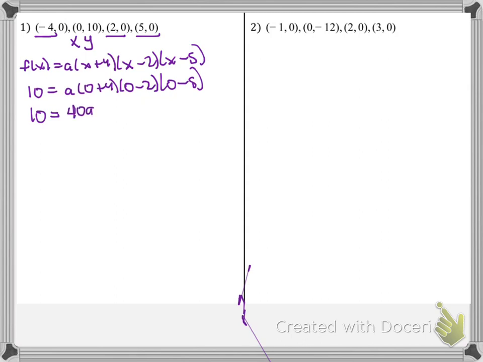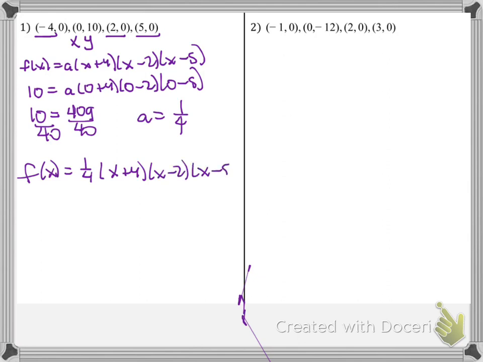This is 40a divided by 40. Therefore, a equals positive 1/4. So this is f of x equals 1/4 times (x plus 4) times (x minus 2) times (x minus 5).